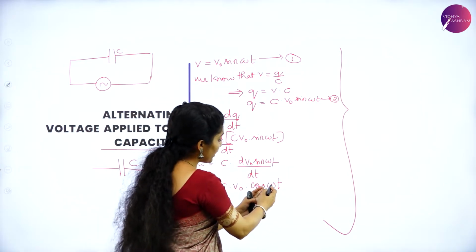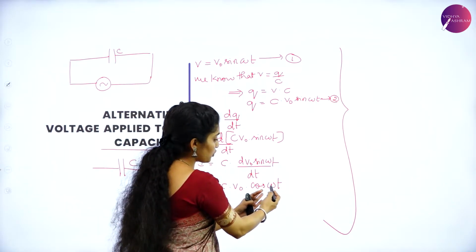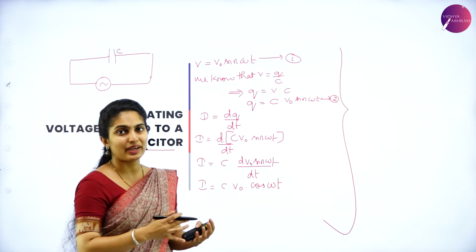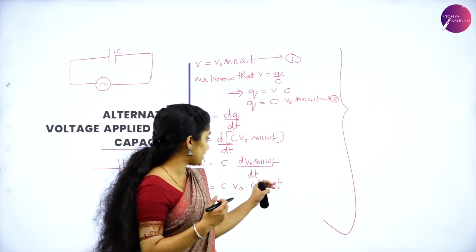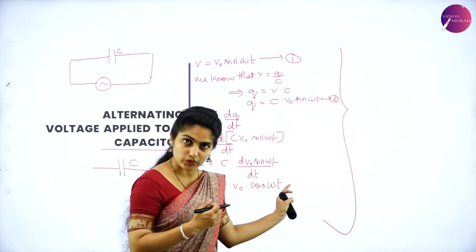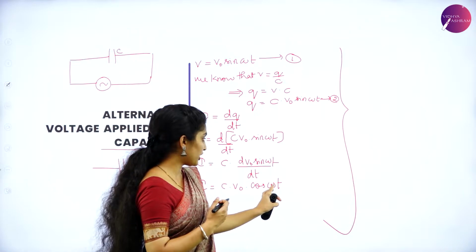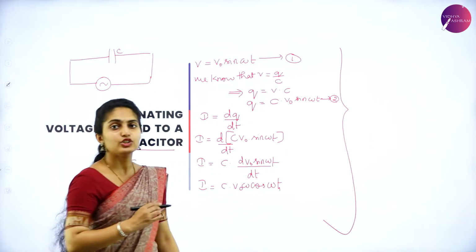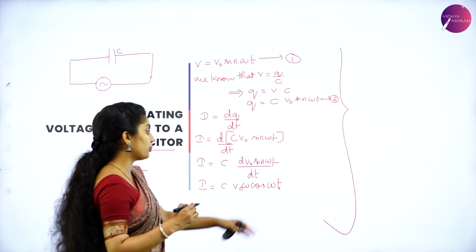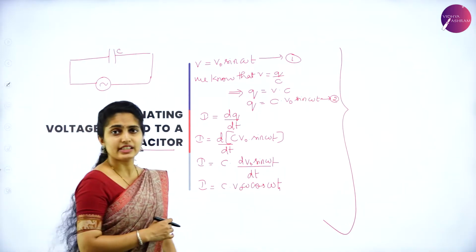Omega and t occur in pairs, so differentiation of omega t with respect to time t gives omega back again. So I is equal to C into V naught into omega into cos omega t.